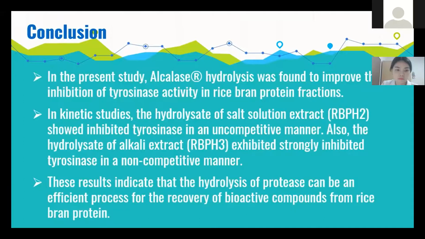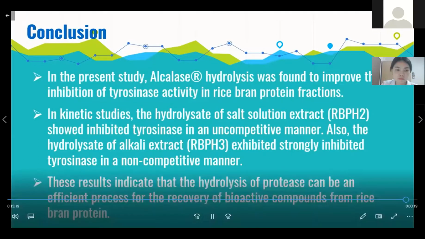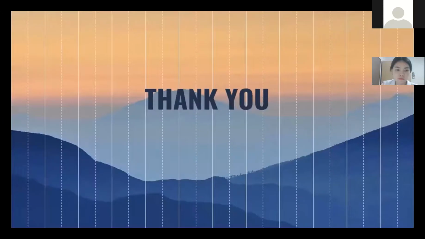Also, the hydrolysate of the alkali extract, RBPH3, strongly inhibited tyrosinase in a non-competitive manner. These results indicate that protease hydrolysis can be an efficient process for the recovery of bioactive compounds from rice bran protein. So this is the end of my presentation. Thank you for your attention.